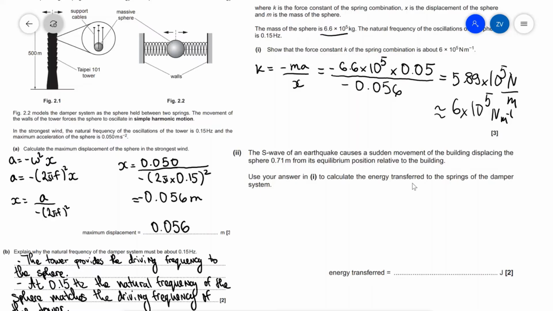Now the formula for calculating the energy in a spring system is the energy is equal to a half k x squared, where k is the force constant or the spring constant and x is the displacement. So this is going to equal a half times our value of k, which was 5.89 times 10 to the power of 5, multiplied by the displacement squared, which is 0.71.